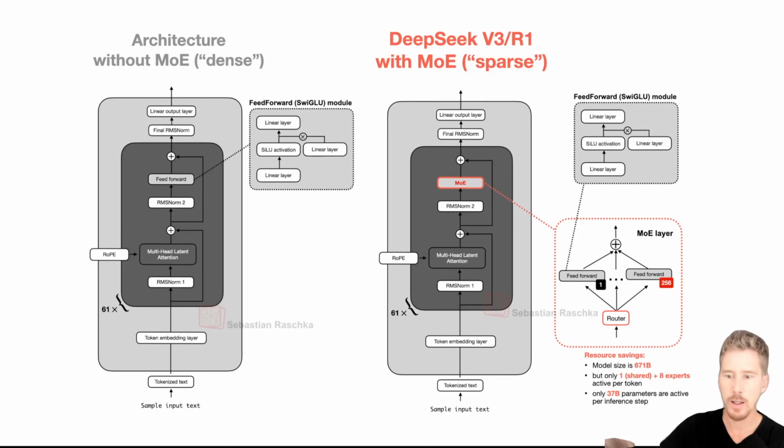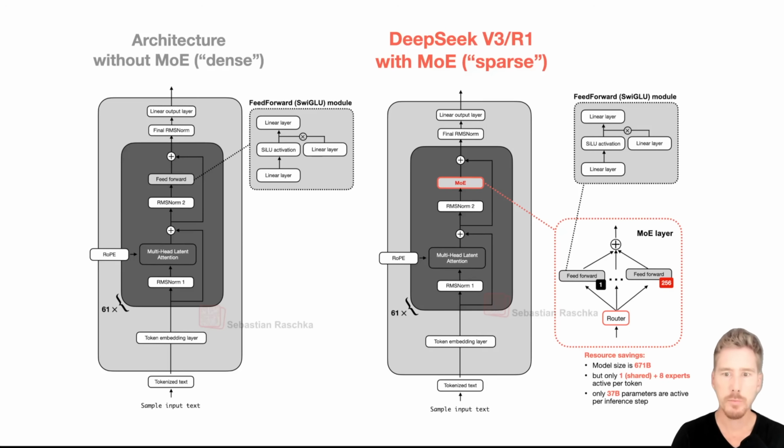So we have 9 experts instead of 256 active. And that's why it's called sparse, because we don't use all of them. We only use a sparse or a small subset of them. And that saves us a lot of parameters in inference. So for example, this model is 671 billion parameters big. However, in a given token inference step, we only use 37 billion.